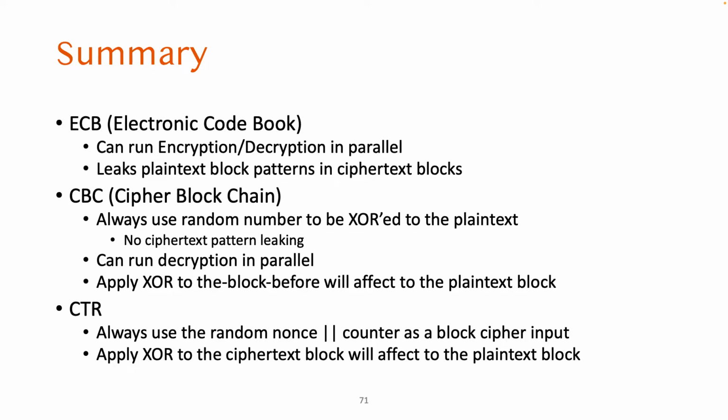But the problem with that approach is that it is just using the block cipher as a random number generator and then applying XOR. So any XOR applied to the ciphertext will be directly shown on the plaintext. So this is the summary.